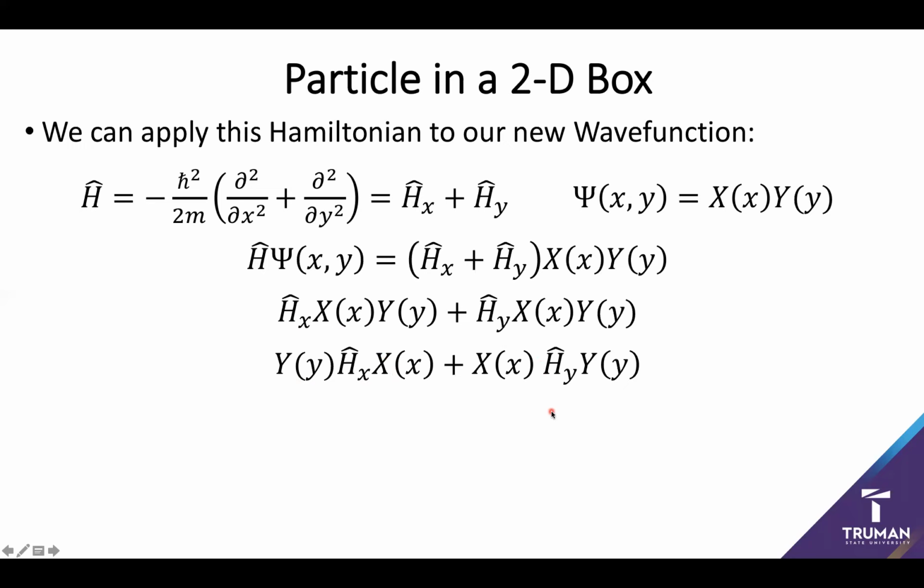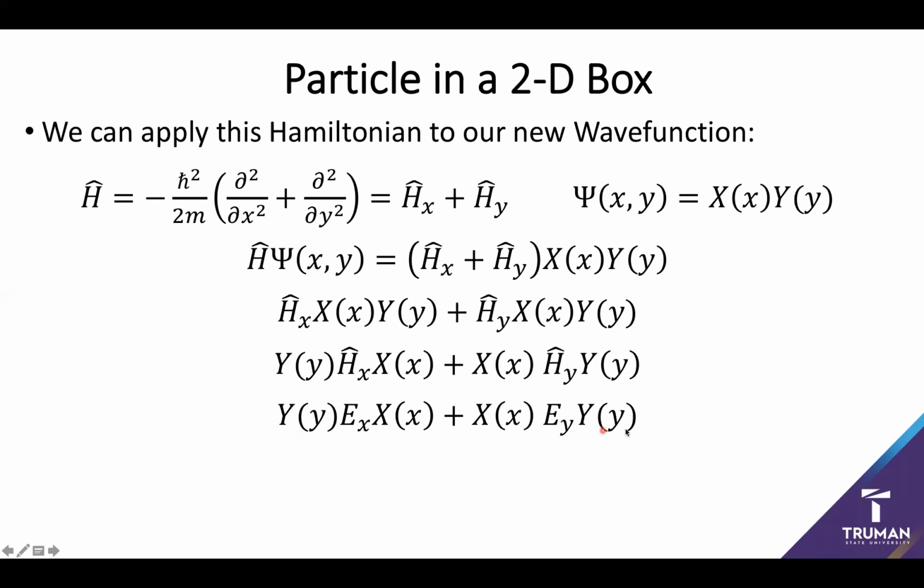Now here we actually get fairly lucky because my x wave function is an eigenfunction of my x Hamiltonian. So I'm going to produce my corresponding eigenvalue. And the same thing with y. Now here, my eigenvalues are just constants, so they aren't going to play a major role. And I still have the x wave function times the y wave function.